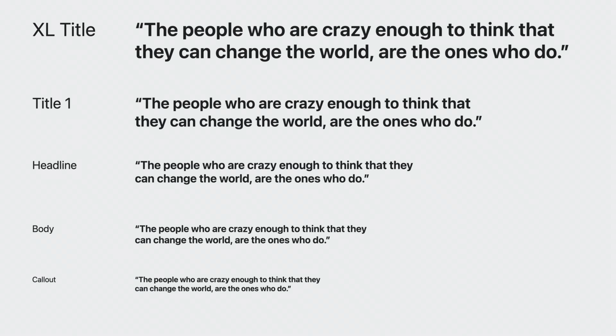Similarly, using semantic font styles like headline or body instead of setting a static font size will result in a more readable app. It's also the right thing to do for accessibility. Semantic font sizes scale with dynamic type to ensure readability.